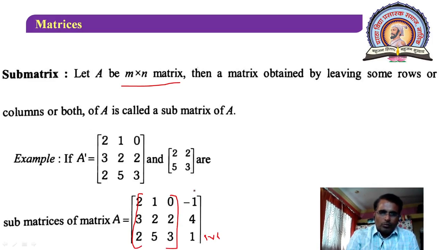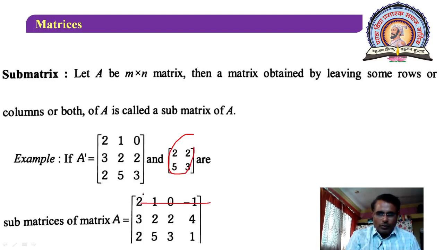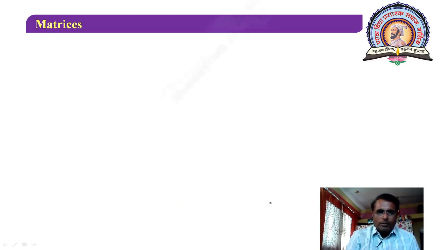So, some row or some column is deleted. This column is deleted. That's why this is called a submatrix. Similarly, here you will observe that this row, this column and this column are omitted. This part is called a submatrix. Okay, so this is the concept of submatrix.